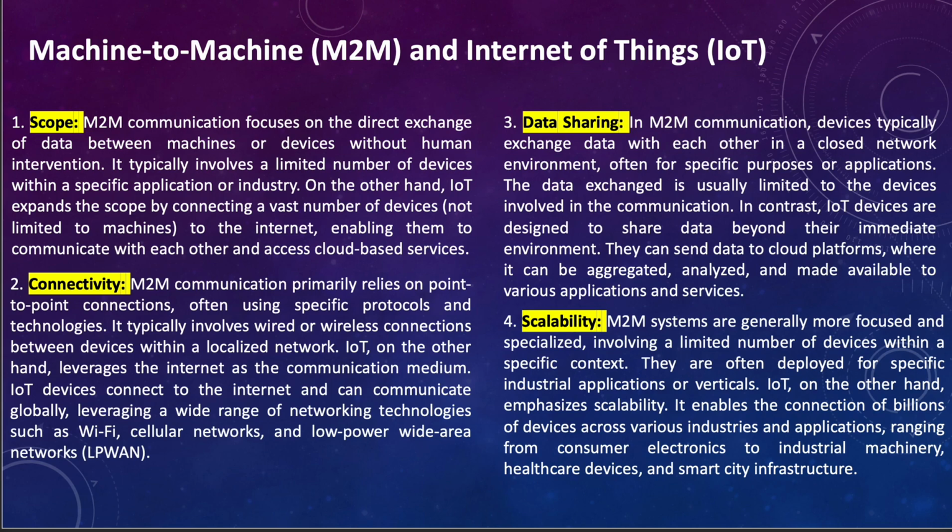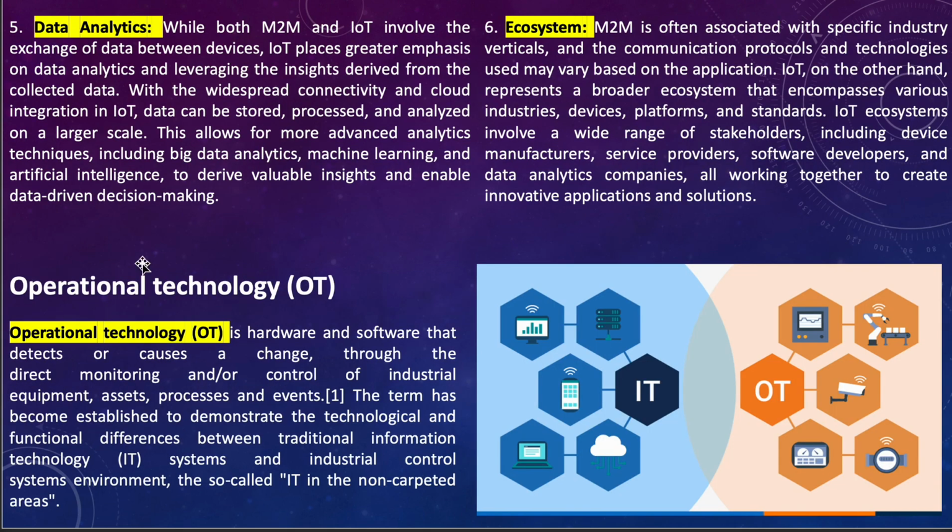And here we understand from the scope, data sharing, connectivity and scalability, data analytics and ecosystems. We understood that M2M is a legacy terminology, a legacy theory, which now can mostly be covered by IoT.